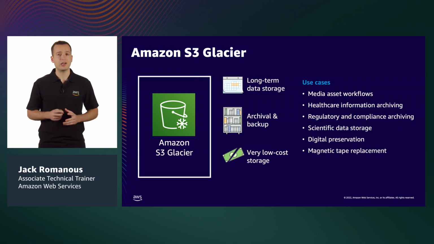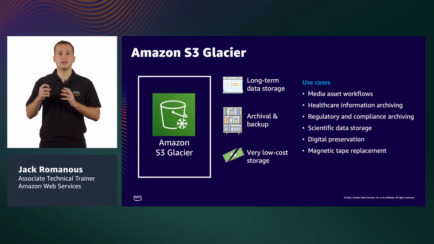With S3 Glacier, however, there is an access delay. This can be between minutes to hours, depending on how you configure your environment. However, with that access delay comes a drastic reduction in storage cost, sometimes as low as 90% cheaper than S3 standard storage. With S3 Glacier, the focus is on long-term archival storage.